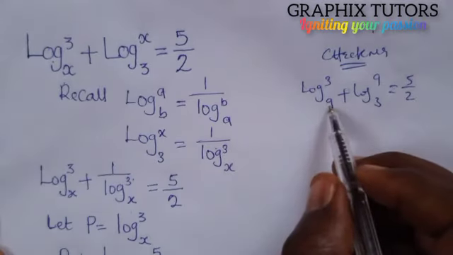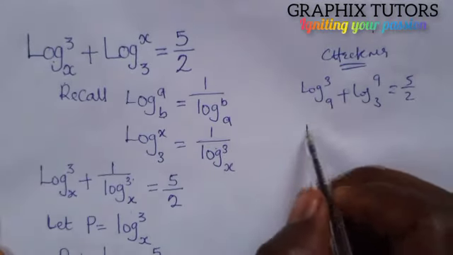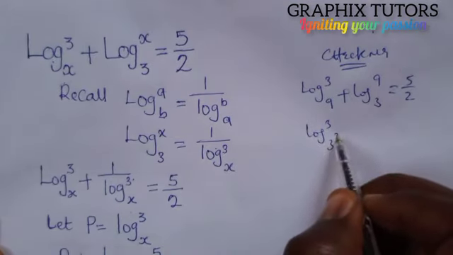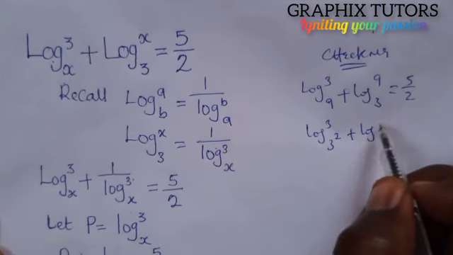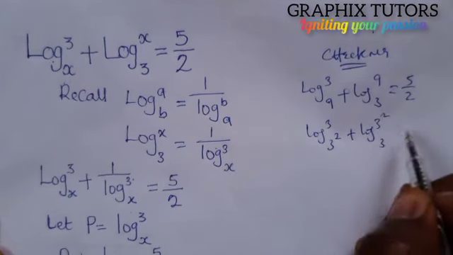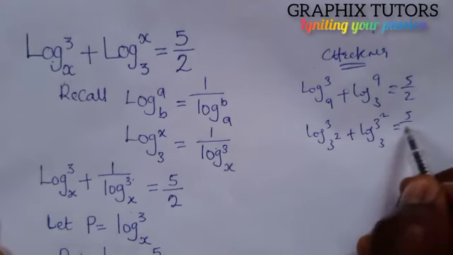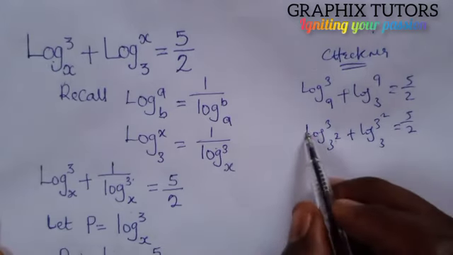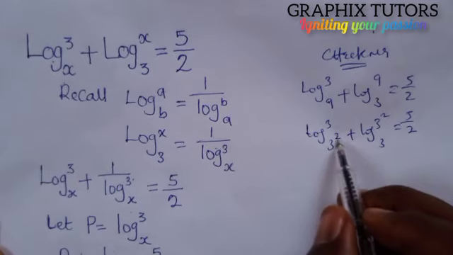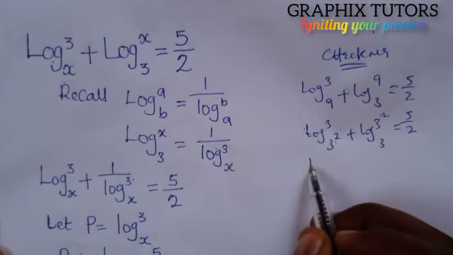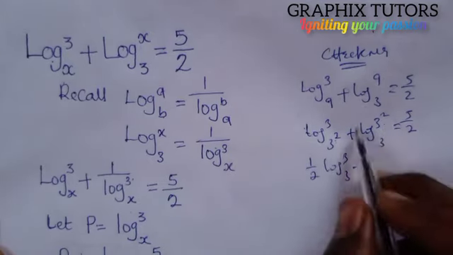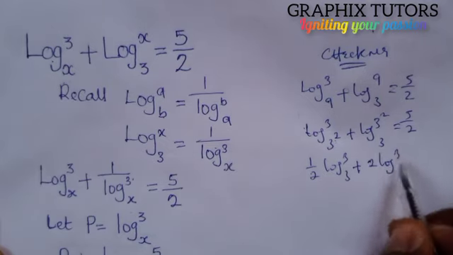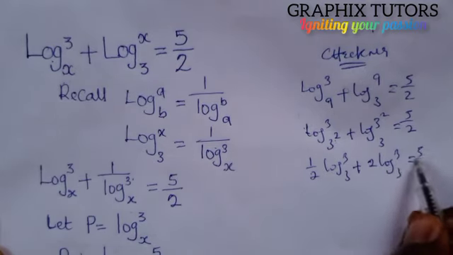So if you take 9 to a number in base 3, we'll have log 3 raised to power 2, because 3 raised to power 2 is 9, plus log 3 raised to power 2, then we have 3. So we must have 5 over 2. So from here, this will come behind. There's a law that says when this comes behind, you put 1 over what you have here. So we're having 1 over 2 log 3 to 3 plus this will come behind 2 log 3 to 3. We must have 5 over 2.